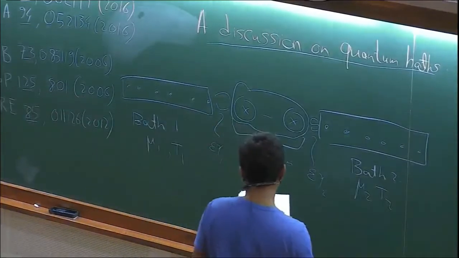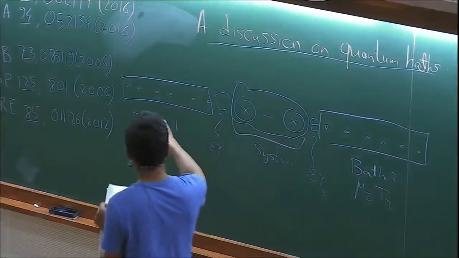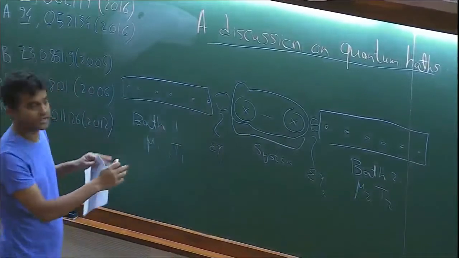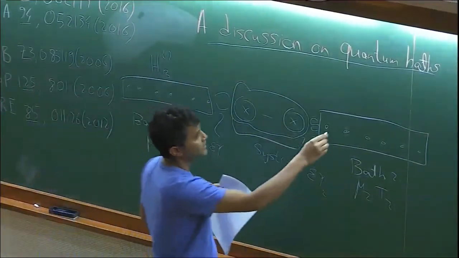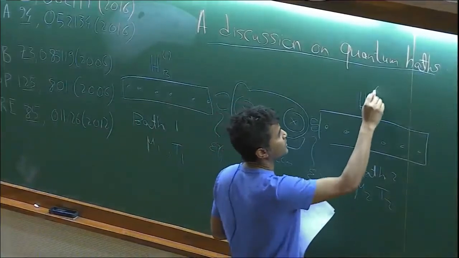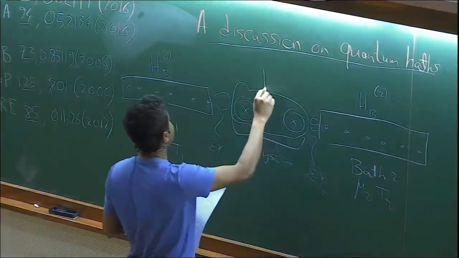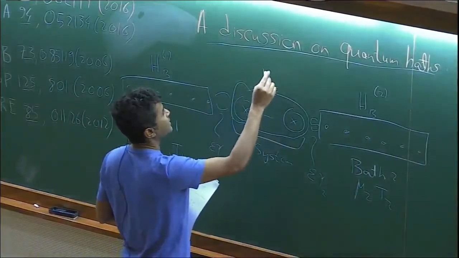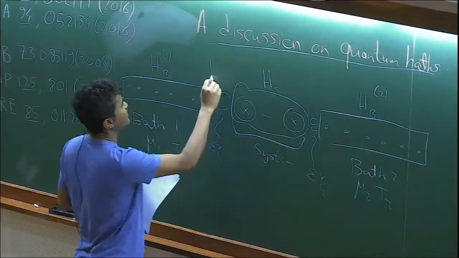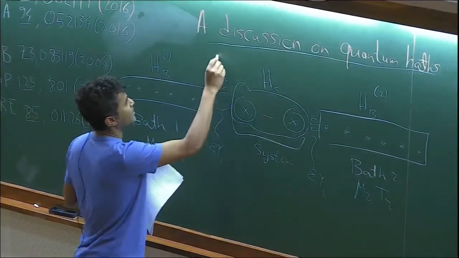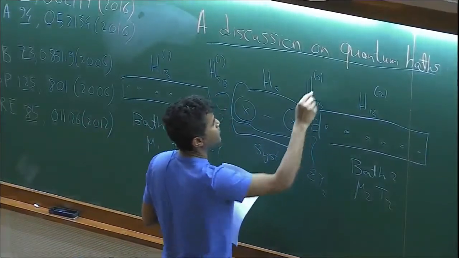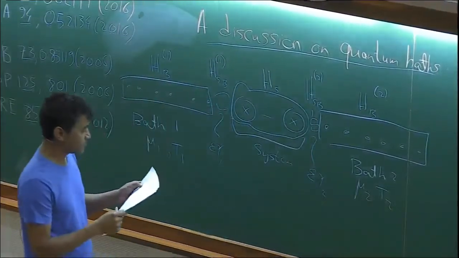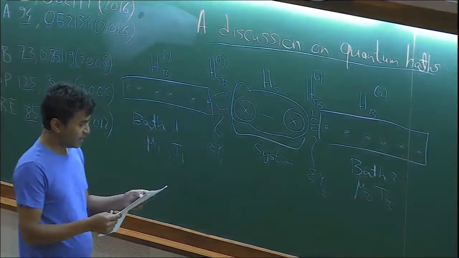So I write some Hamiltonian for this bath, which I call HB1, and for this one some Hamiltonian HB2. For the system there's some Hamiltonian HS. Then there's some system-bath coupling, HSB1, and here there's some coupling, HSB2.